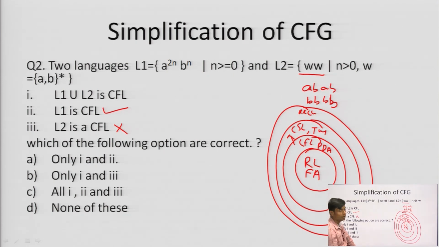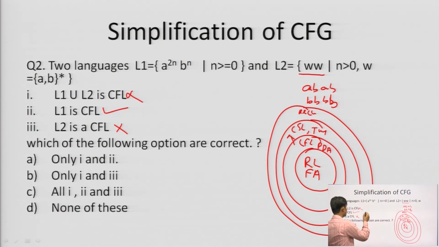So, the union always takes the higher one. This cannot be a CFL, because L2 is not a CFL, it is a CSL. When it is a union you have to consider the higher one. So, L2 is a CSL.